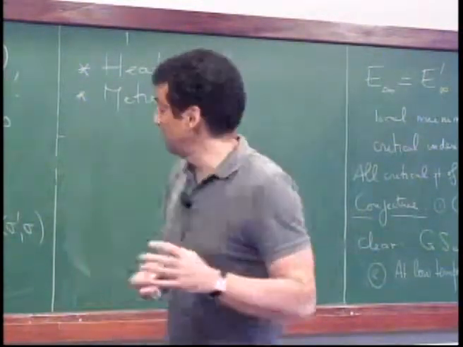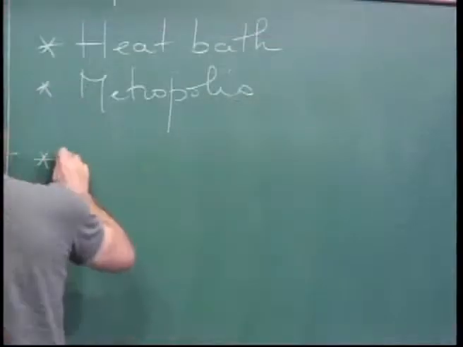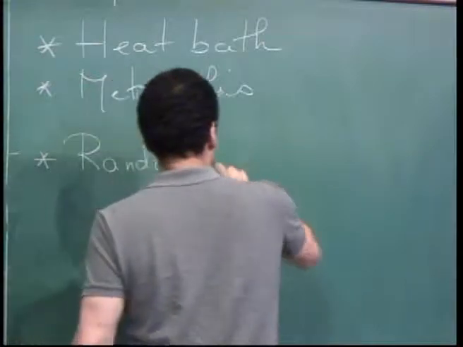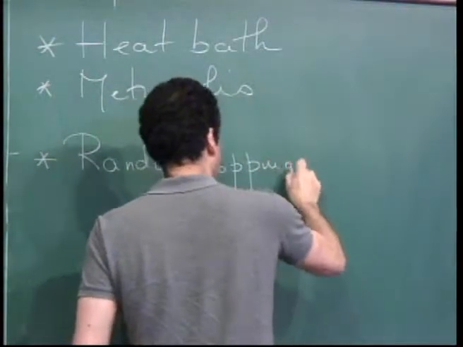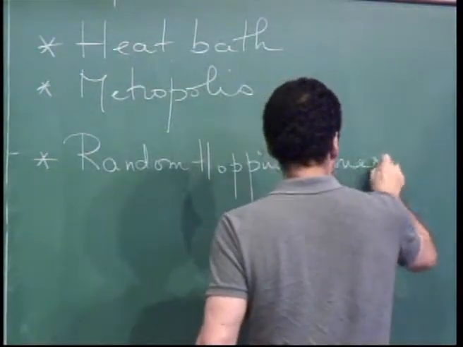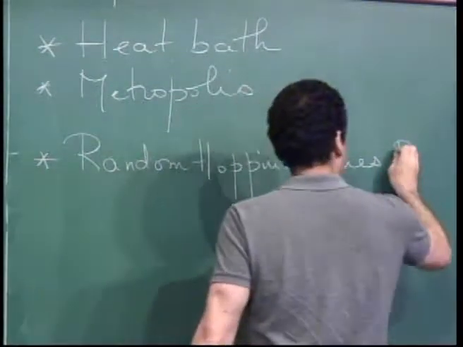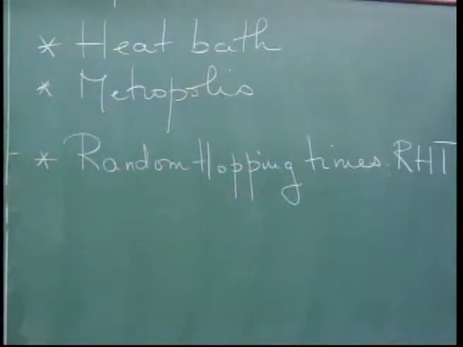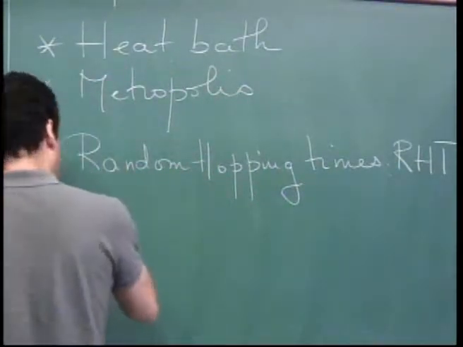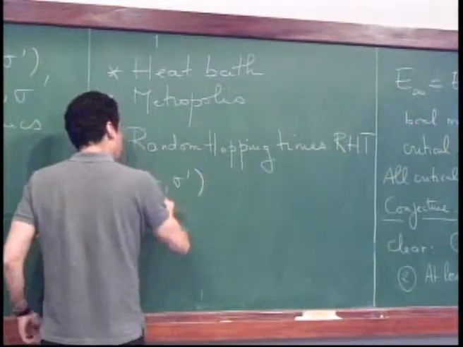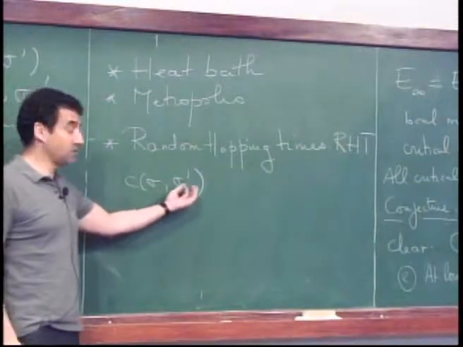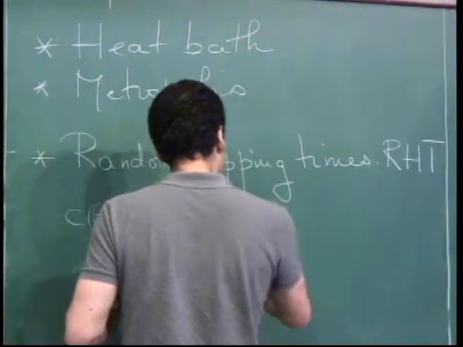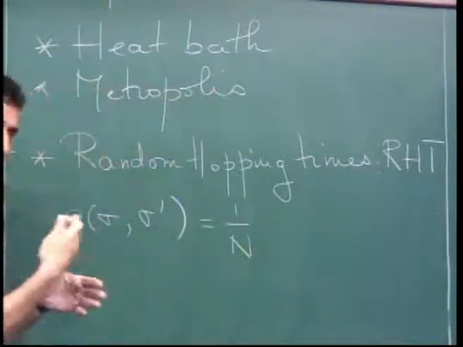What we can study is what are called the random hopping time dynamics, RHT. Here the rule is very simple. The jump rate from sigma to sigma prime is chosen to be, so there is a normalizing constant, which is 1 over n, but that's just a time scale.